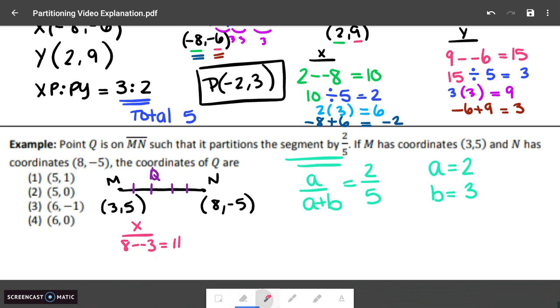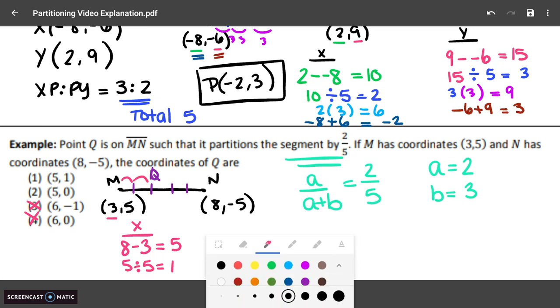We had a positive 3 here, so I'm just going to go back and fix that for us. So it's actually 8 subtract 3 equals 5. We're breaking up into 5 equal parts, so 5 divided by 5 is 1. That means it's changing by 1 each time, so 1 and 1, so 3 plus 2 is 5. So the x-coordinate is going to be 5. So I could cross off 3 and 4 so far.